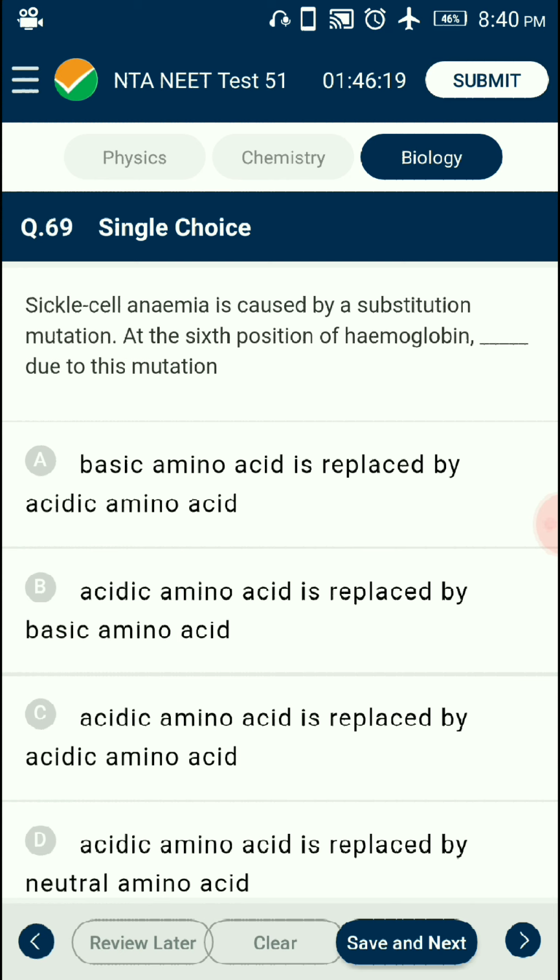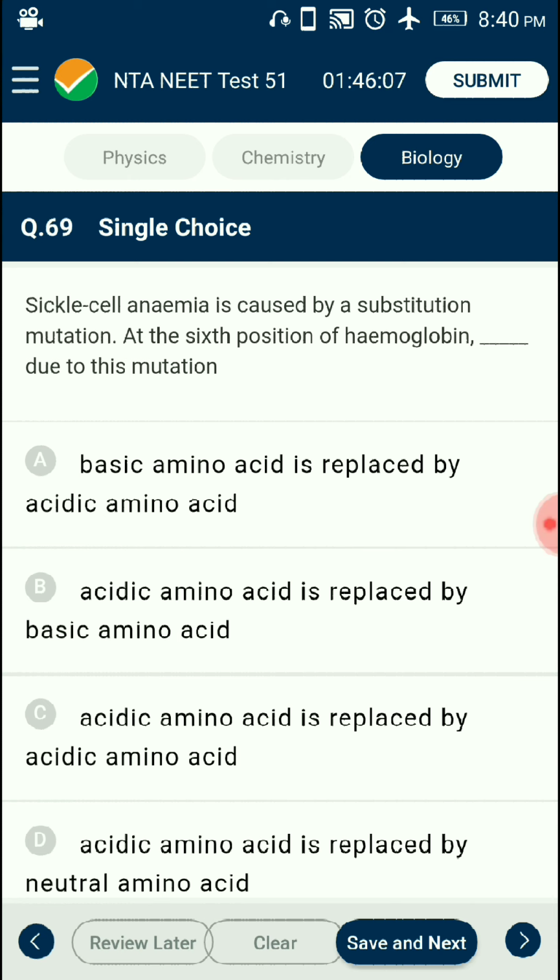The defect arises as the amino acid valine, a neutral amino acid, replaces the normal amino acid glutamic acid, an acidic amino acid, at the sixth position of the hemoglobin's beta chain. This change takes place due to the single base substitution of the 6th codon of the beta globin gene. So the answer is option D. Acidic amino acid is replaced by neutral amino acid.